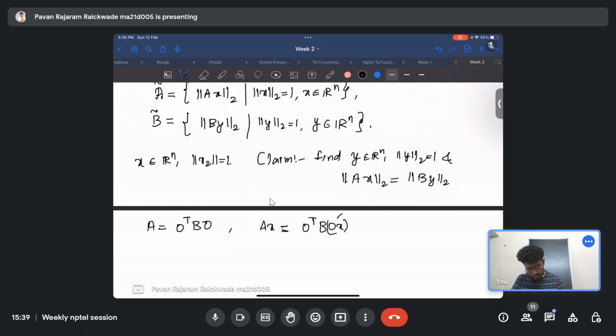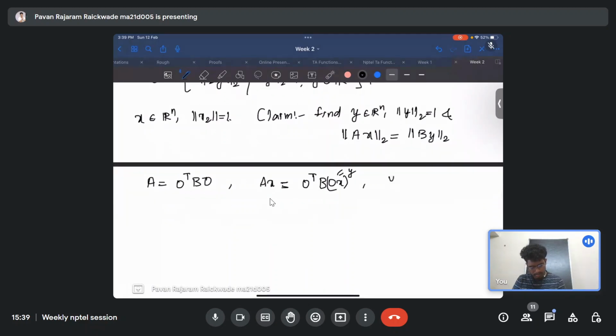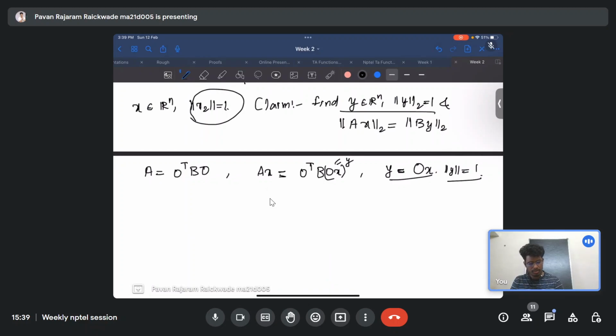I'll call Ox as y, and let's see if this y satisfies what we want. Now what is the norm of this y? Is it 1? It's equal to norm x, yes, that's correct. We are starting with x of norm 1, so norm y will be 1, because O is an orthogonal matrix. So the first condition is satisfied: we found a y belonging to Rn with norm y2 equal to 1.